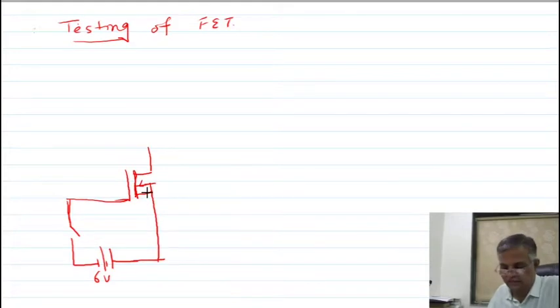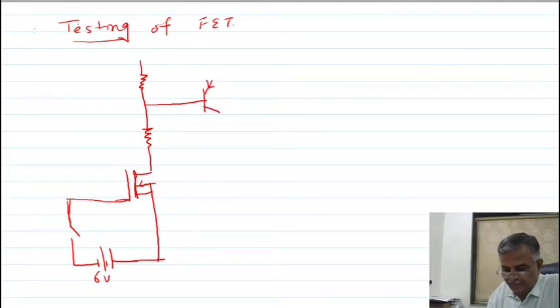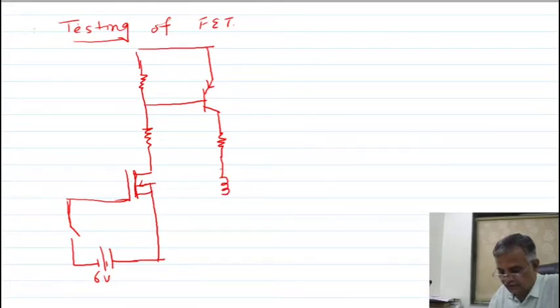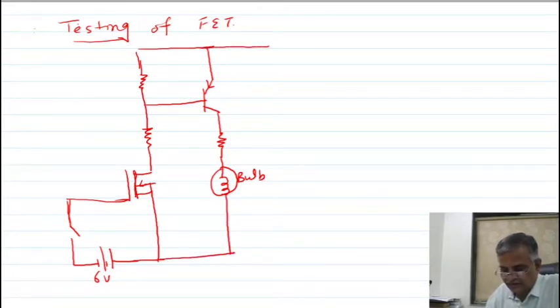Here I have connected one more resistor, and it is connected to the transistor circuit. This transistor is NPN. This is another resistor, and here we have connected one bulb. This bulb will indicate either on or off, and here I am connecting the plus minus voltage.